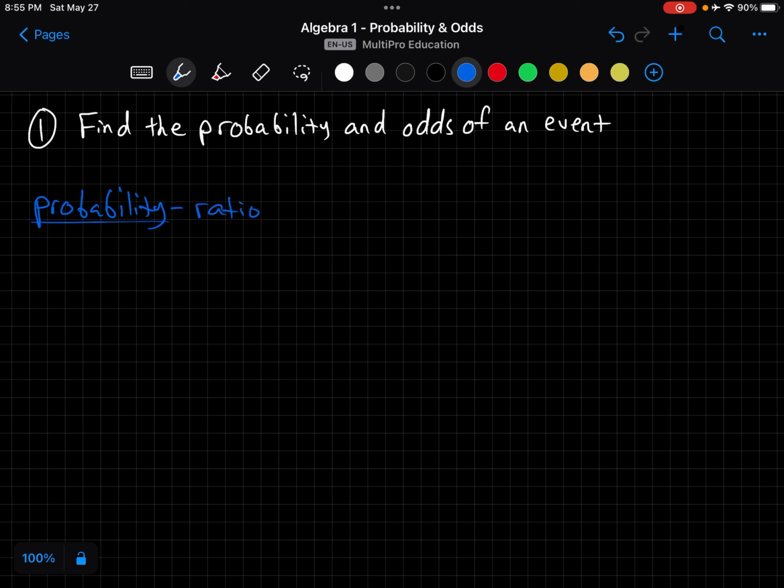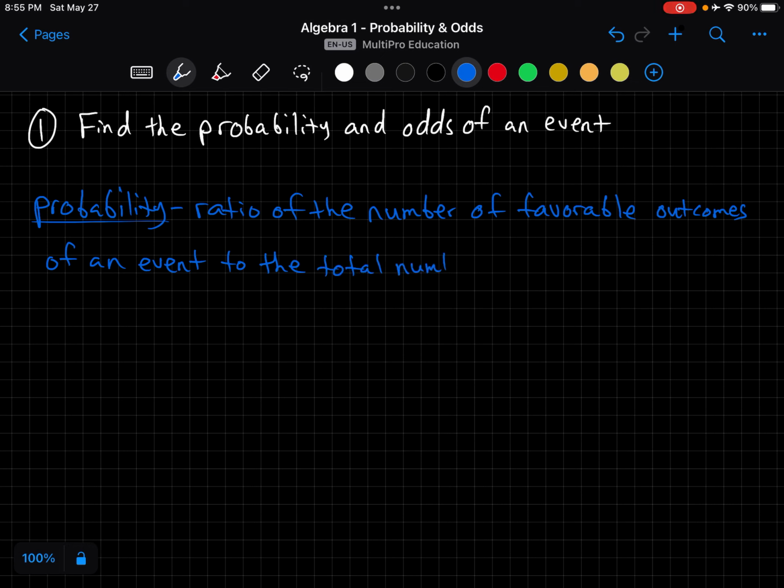This is the ratio of the number of favorable outcomes of an event to the total number of possible outcomes of the event. I'm going to be writing a lot today with definitions.